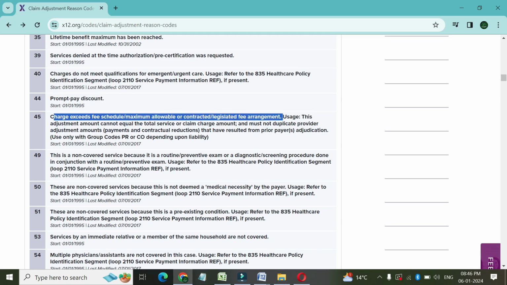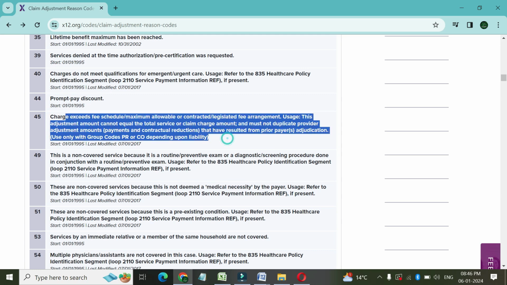So as I told you, there is always an agreement between the provider and the payer, and there is a fee schedule as per which they decide what amount the payer is going to pay for the procedures they're contracted for. So anything that the provider bills above the contracted amount, that amount is adjusted with the code CO45.